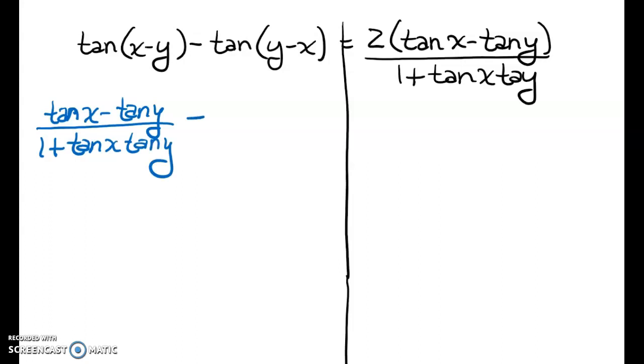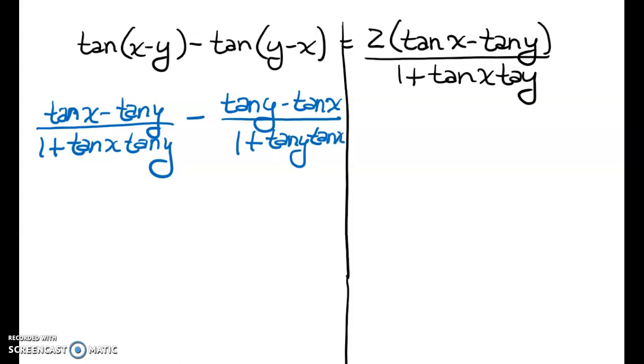So when I expand the next one, it's going to be the tangent of y minus the tangent of x over 1 plus the tangent of y tangent of x. And you can see in the denominator that my denominator looks really good there.